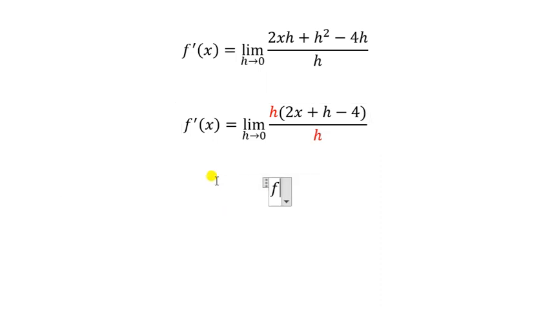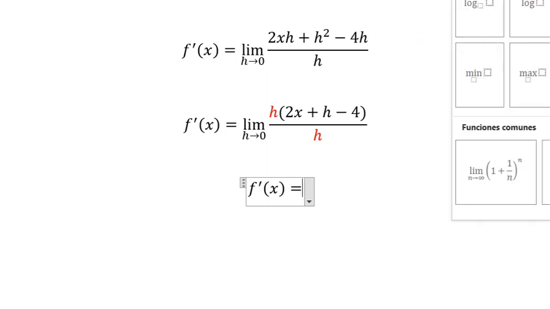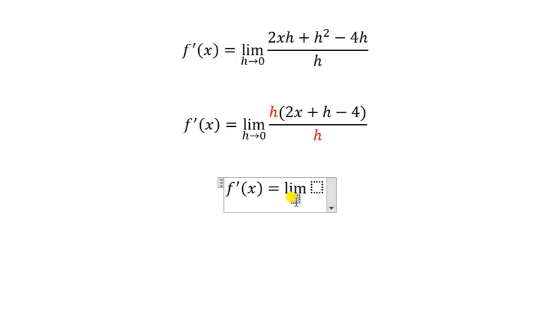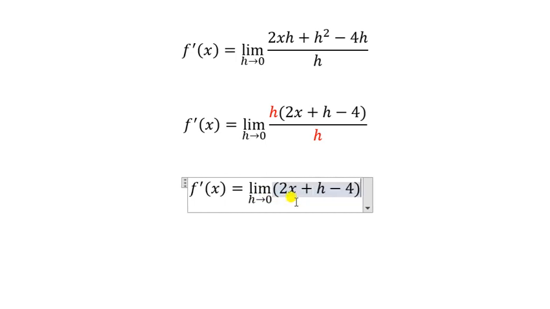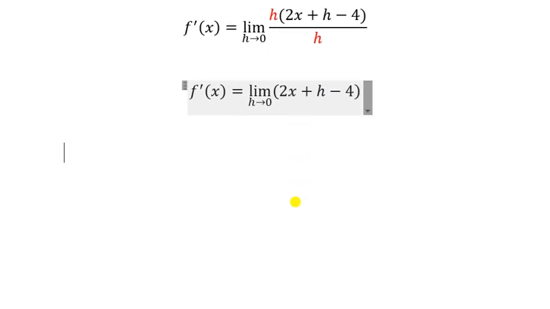In this case, we have f prime x, or the derivative of f of x, equals the limit as h approaches 0 of 2x plus h minus 4. Right? So when evaluating this limit, we can substitute h equals 0 into this h.